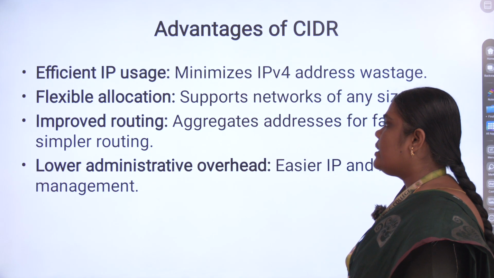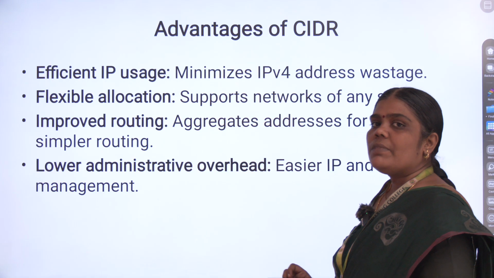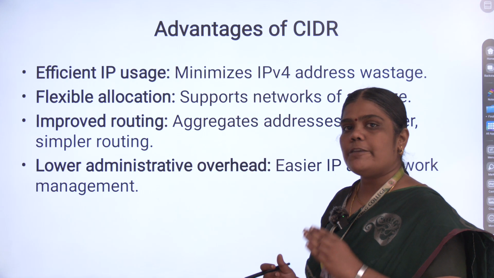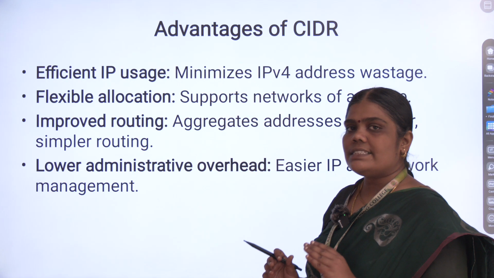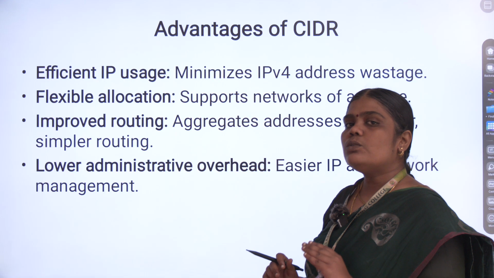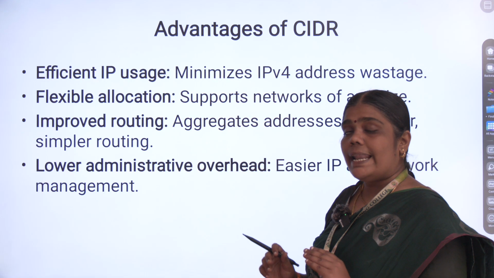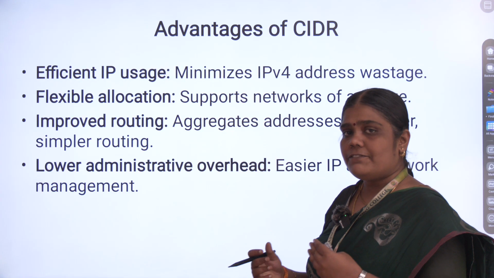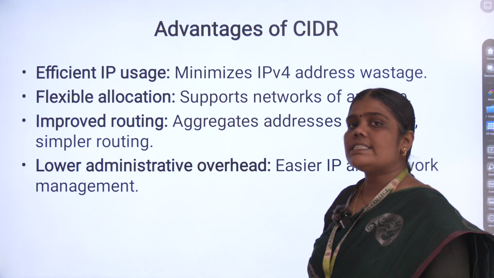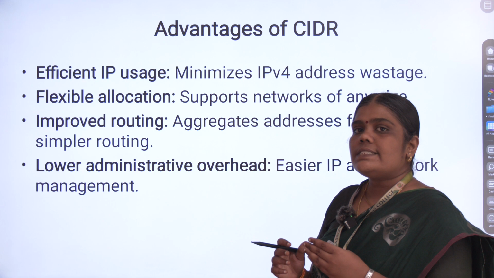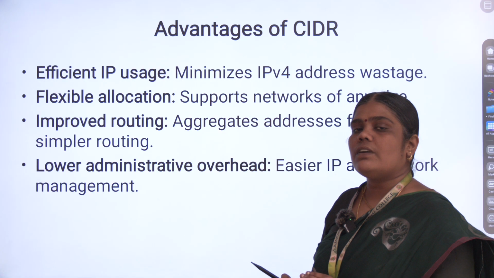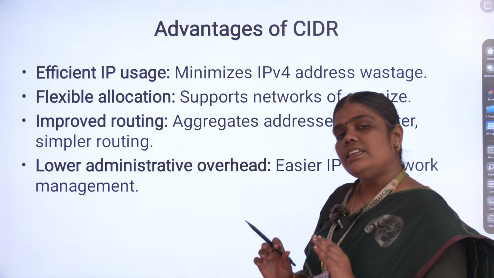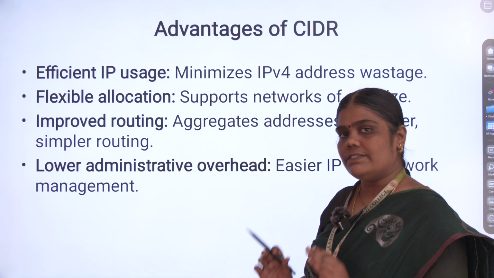Advantages of CIDR notation: efficient IP usage. See, in classful addressing, class A to class E, there will be fixed IP addresses given within the class range. Suppose I want to allocate 256 IP addresses, or I pose as IANA and give 256 IP addresses, class A will always hold this 256 IP addresses, even if it has a smaller number of devices.